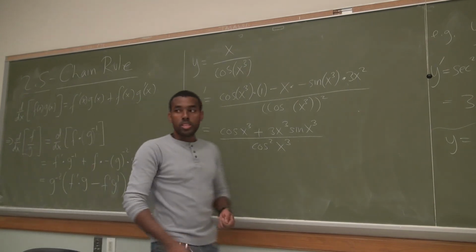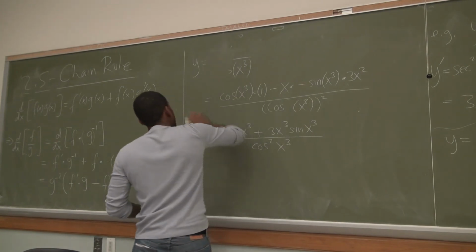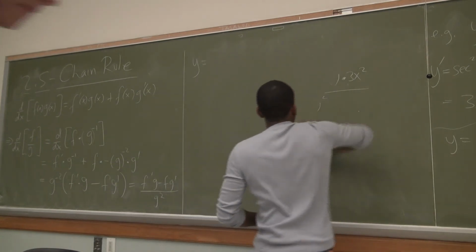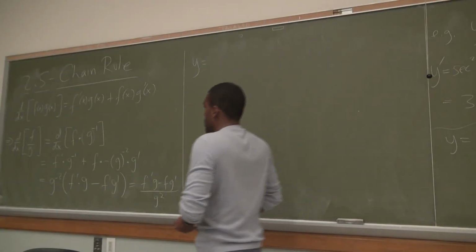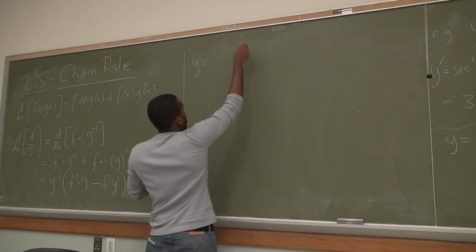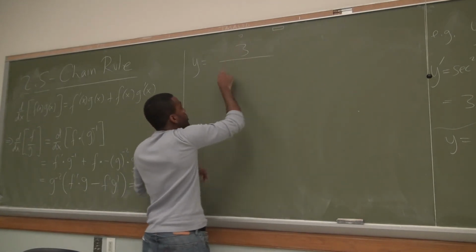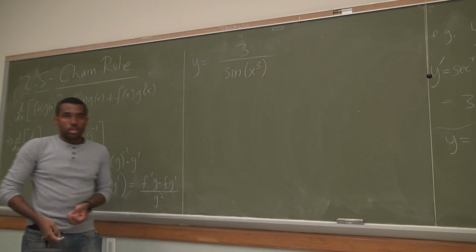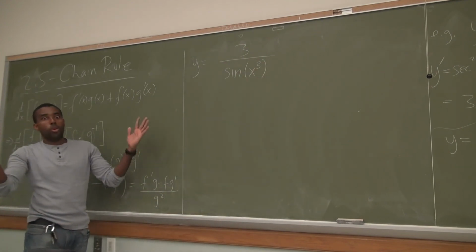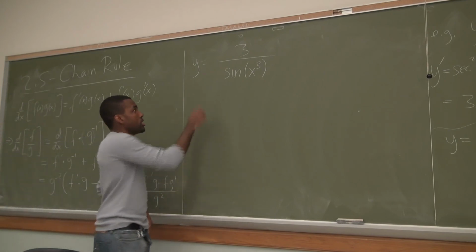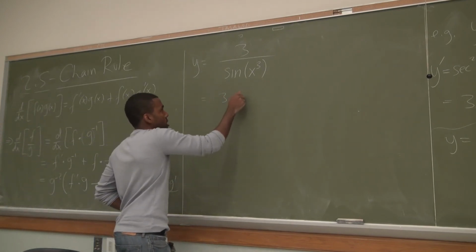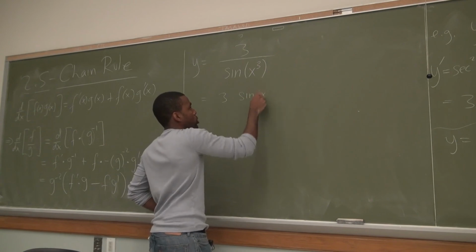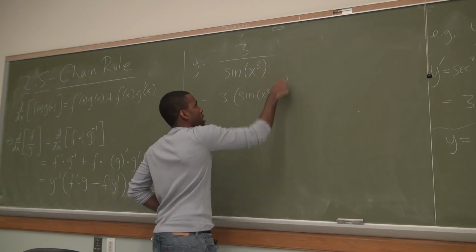So this sort of gives us more options if we're looking at functions like 3 over sine of x cubed, right? There are other options other than just jumping to the quotient rule. Using the chain rule, you could rewrite this as 3 times sine x cubed to the minus 1.